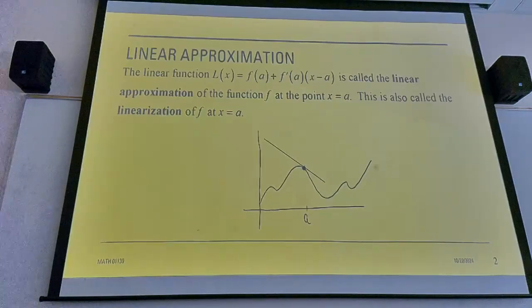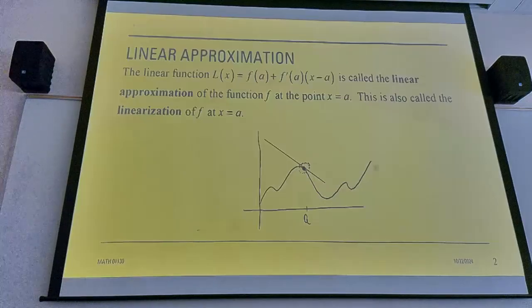The idea is if you zoom in really close to that point, the curve is approximately straight. Specifically, approximately the tangent line.